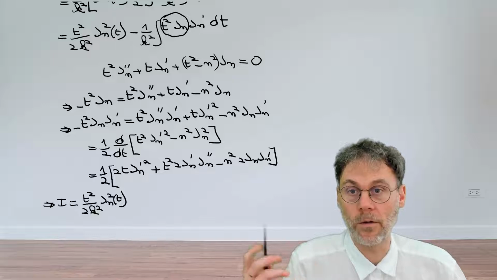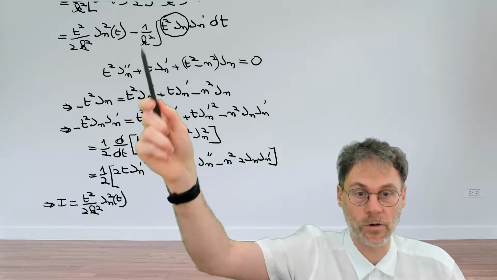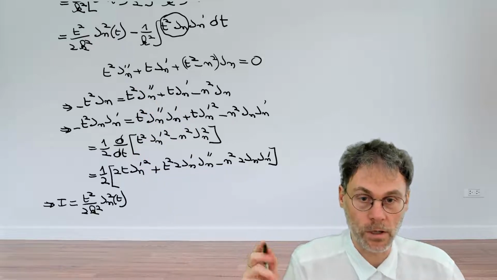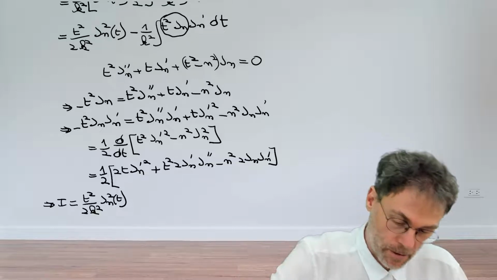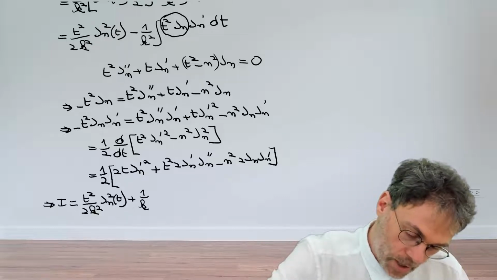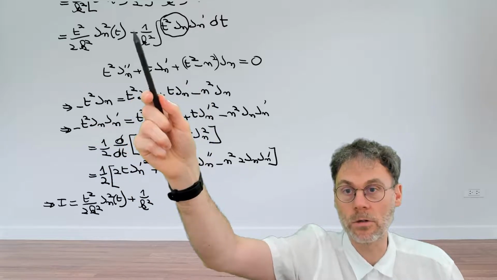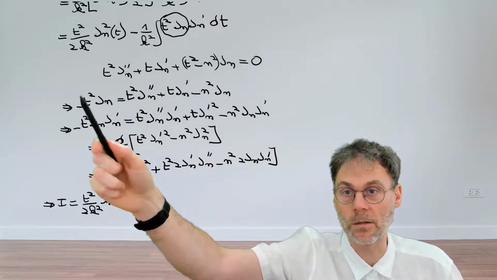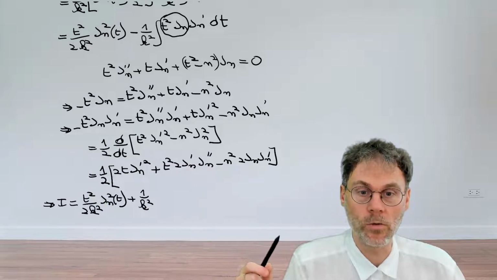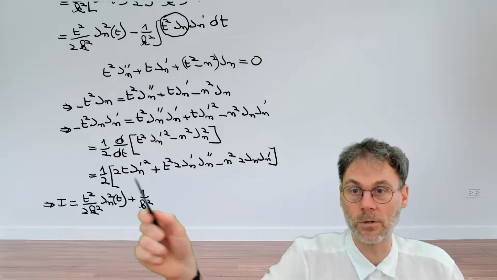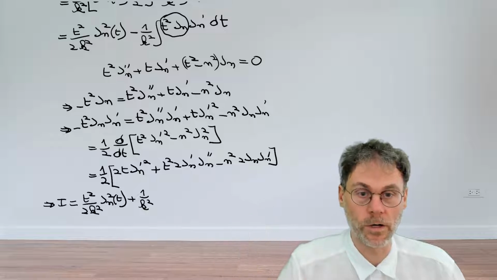And then we have a new thing here. Let's not forget the 1 over k squared plus 1 over k squared. The minus sign that we had here is taken care of already by that minus sign over there. So we have 1 over k squared, and then we just have this thing over here.